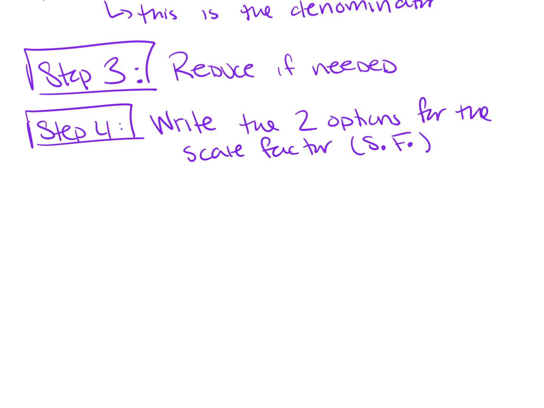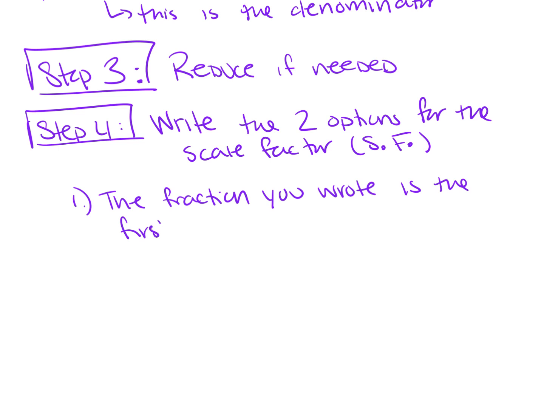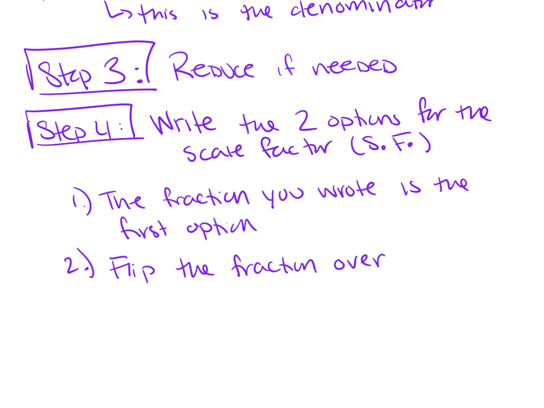And so how do you know what the 2 options are? So the fraction you wrote is the first option. That one we know. The second one was tripping you guys up. You flip the fraction over for the second option.